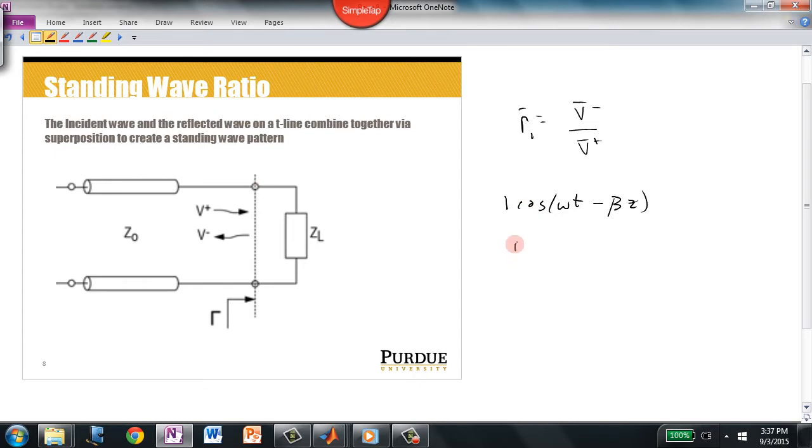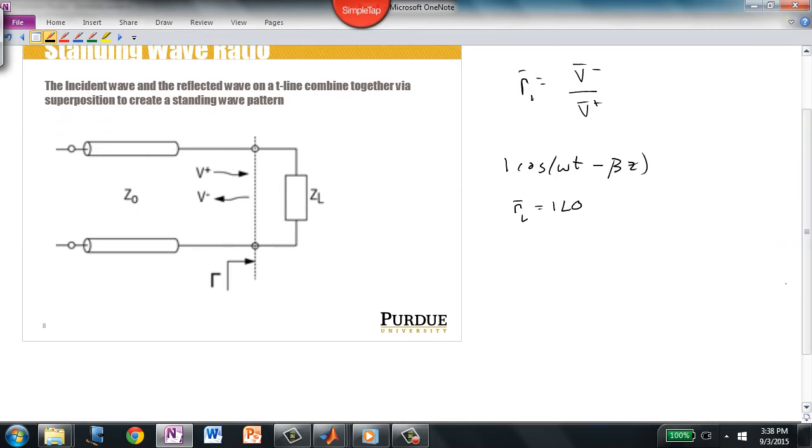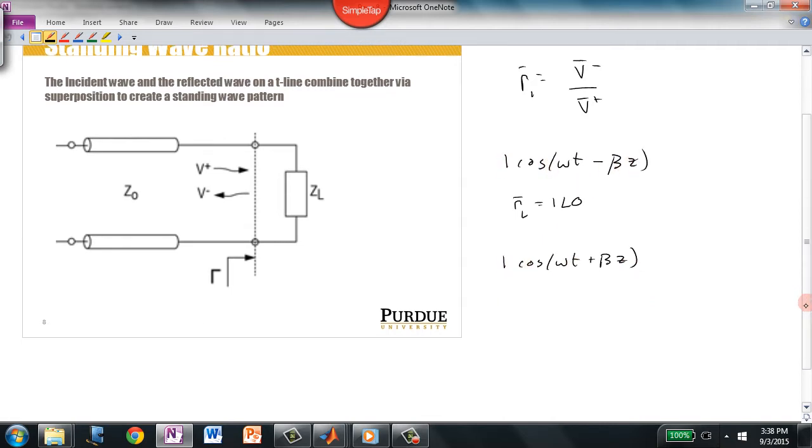Let's also assume that the reflection coefficient at the load is equal to 1 at angle 0, meaning that the entire wave is reflected and no phase shift is introduced. That means the reflected wave is going to be 1 cosine of omega t plus beta z. So this is the incident wave, and this is the reflected wave.